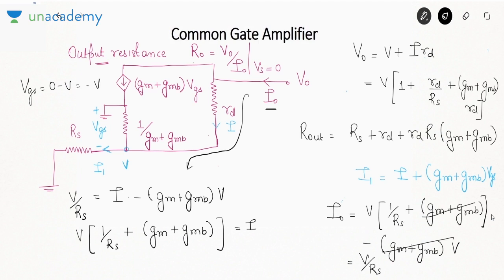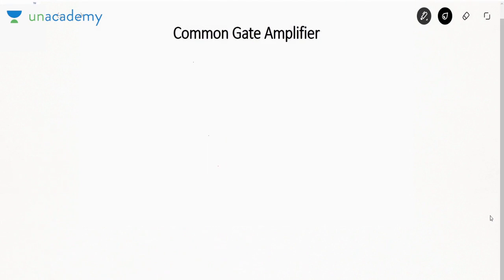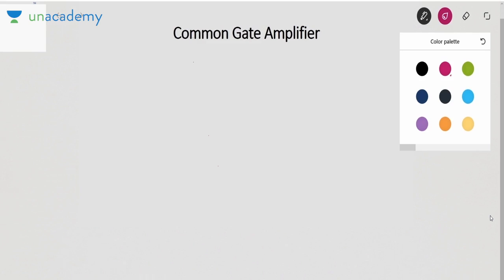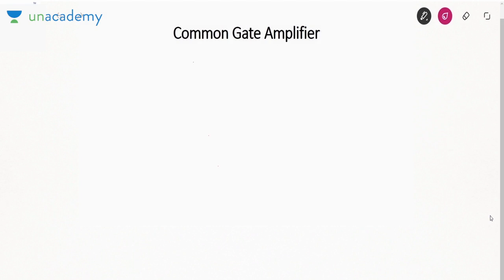So that parameter also can be derived, but always remember the basic definition of the parameter. Then if you can draw the circuit, you can derive any parameter for any transistor. Now, when we talk about common gate configuration, why is it special? In common gate, the input is applied at the source terminal and output is taken at the drain terminal.